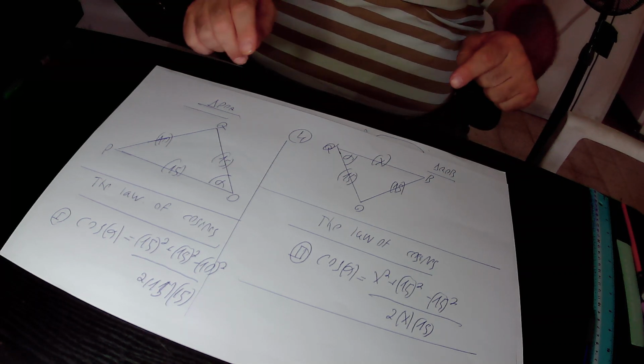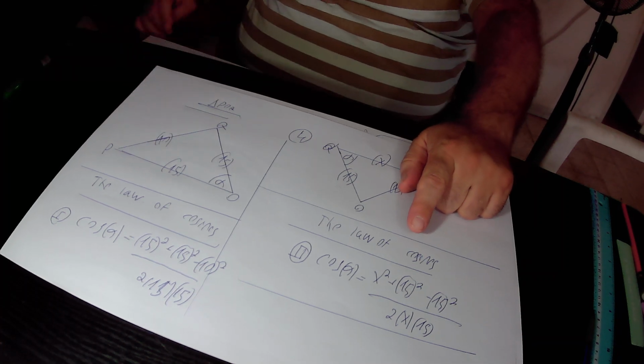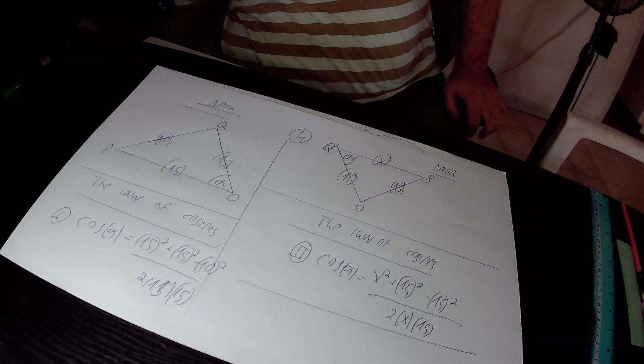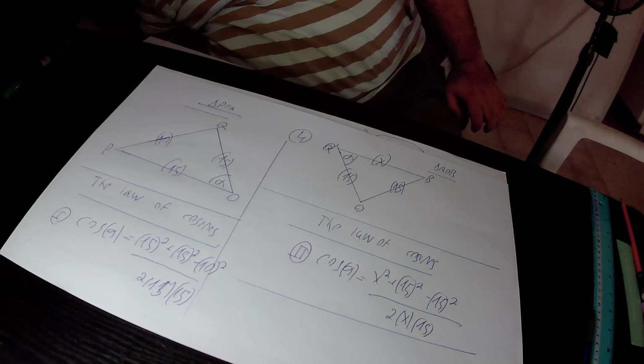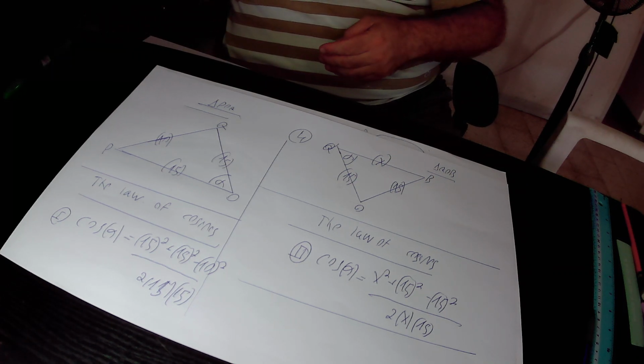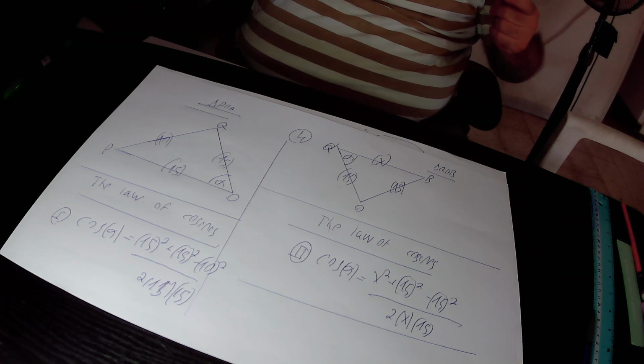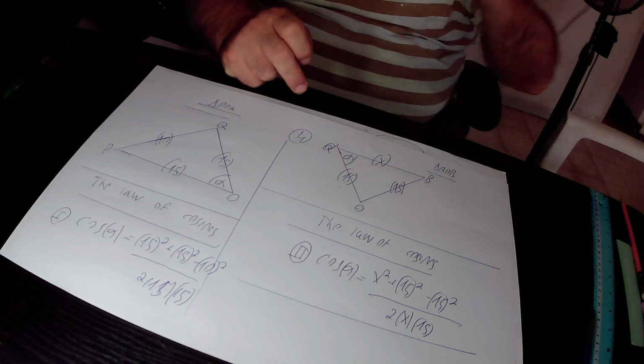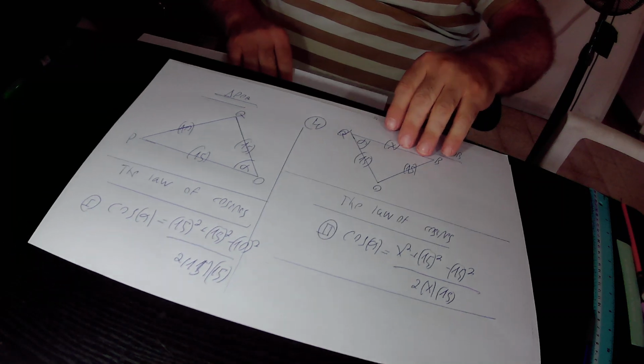So we have two different equations for the value of cosine alpha. Therefore, we created equation 3, which states that cosine alpha according to equation 1 must be equal to cosine alpha according to equation 2.